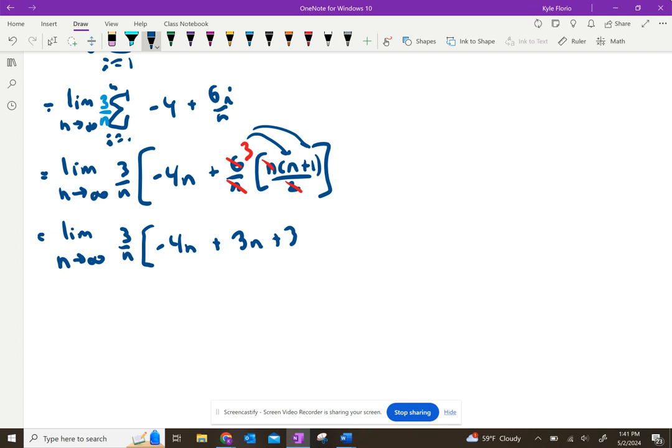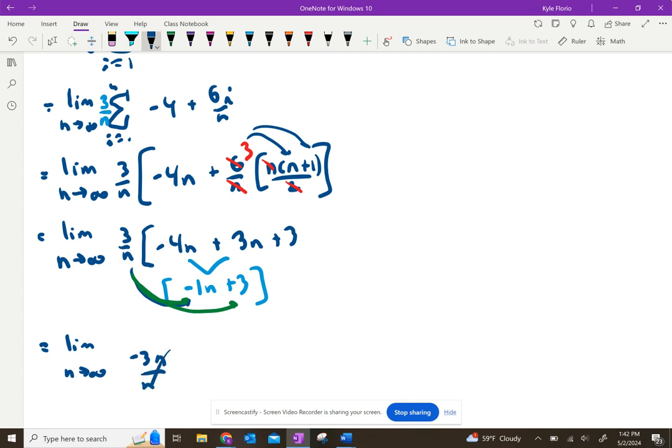We've got like terms here. So this is really just negative 1n plus 3. So I'm going to distribute that 3 over n in here. And so now I have the limit as n goes to infinity. 3 over n times negative 1n is going to give me negative 3n over n.